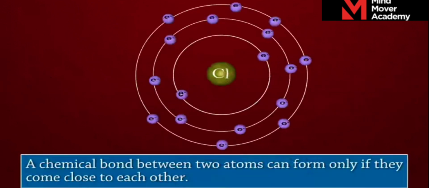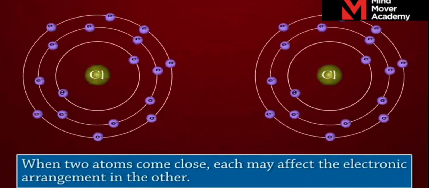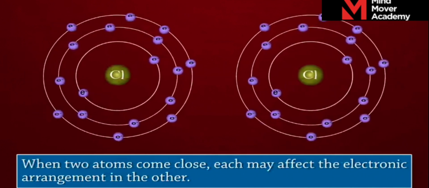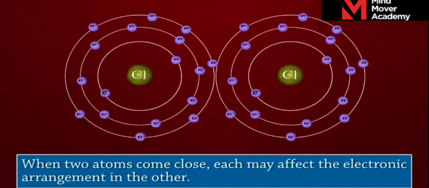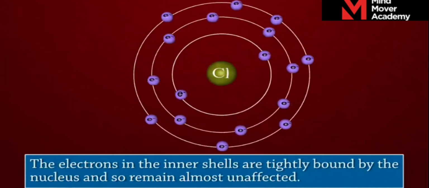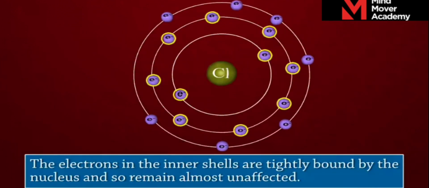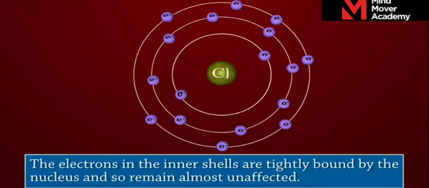A chemical bond between two atoms can form only if they come close to each other. When two atoms come close, each may affect the electronic arrangement in the other. The electrons in the inner shells are tightly bound by the nucleus and so remain almost unaffected.